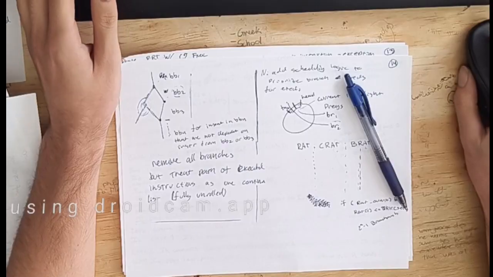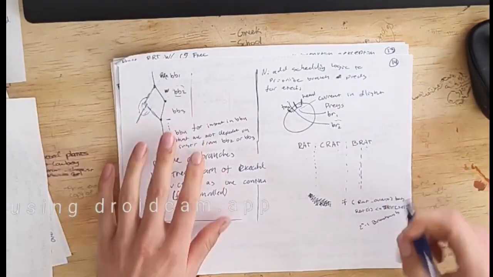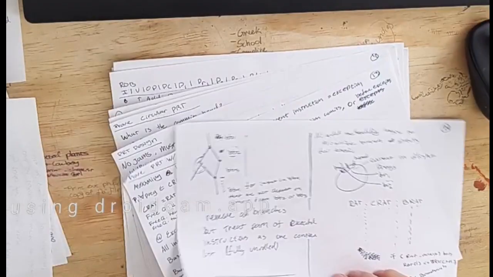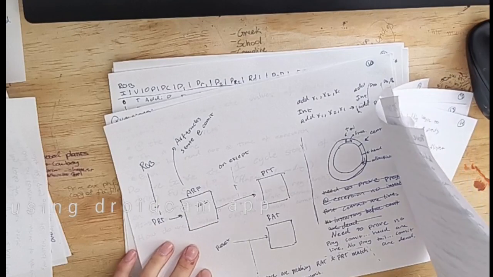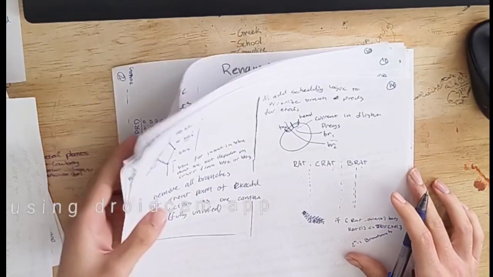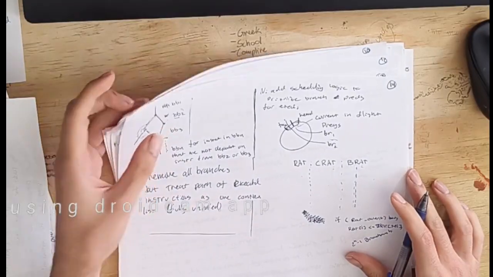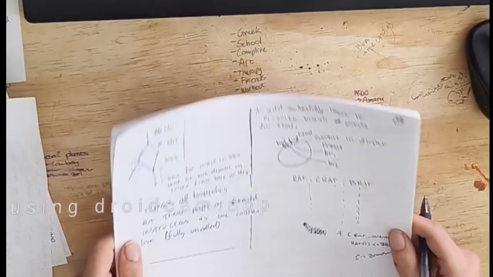So what am I doing? We got the PRT. I should just implement the PRT design, and then once that's done, I can implement the rename stage fully, because I have a half working decode, I think.